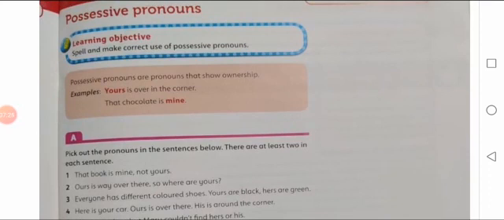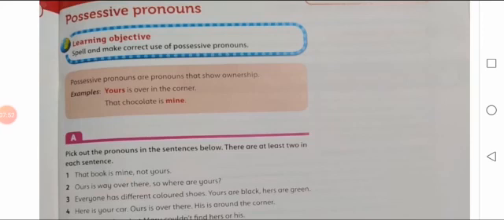As the name possessive shows, it is related to ownership. For example: yours is over in the corner, that chocolate is mine. Yours and mine are highlighted, written in red ink and in bold. So these show that they are possessive pronouns.